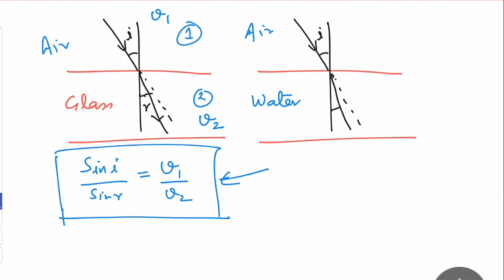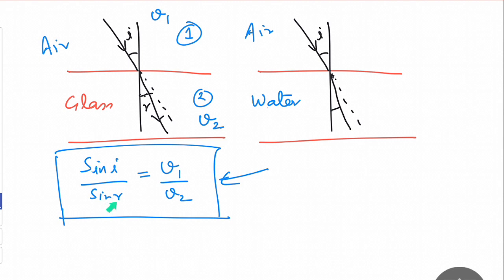But if I go from glass to air, then this v2 will change. So now we know that sine i upon sine r is equal to v1 upon v2. This is very, very important. Take your time and remember this, that sine i upon sine r is equal to v1 upon v2.